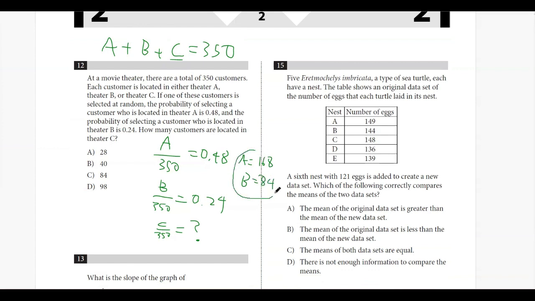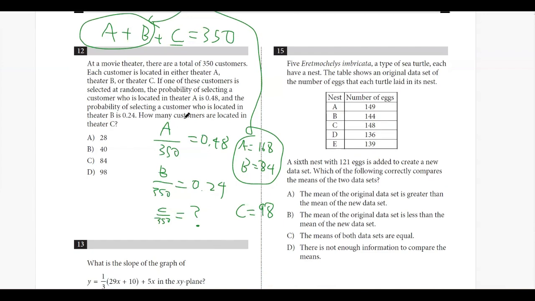And if we put these into this part here, we get C. So C is equal to 98, because C is equal to 350 minus A minus B. So 350 minus 168 minus 84 is equal to 98. And that is why for 12, D is correct. D as in David.